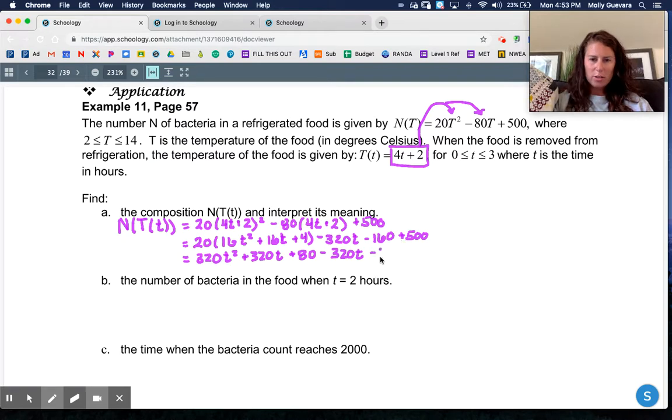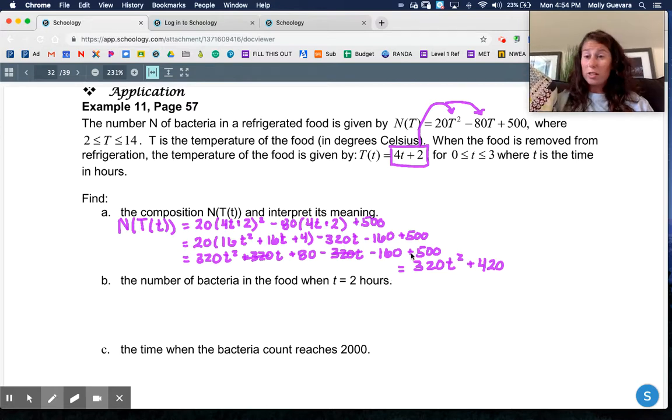Let's just do it all at once. A lot of like terms here, but I do have a 320t that cancels with a 320t. So that's neat. So I get 320t squared, and then 80 minus 160 plus 500 is 420. Okay, so I found the composition.